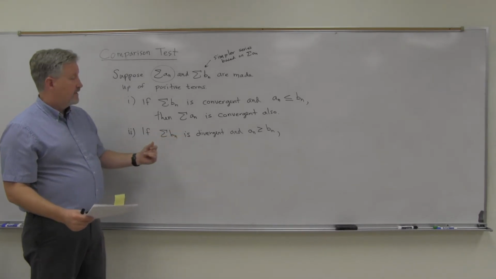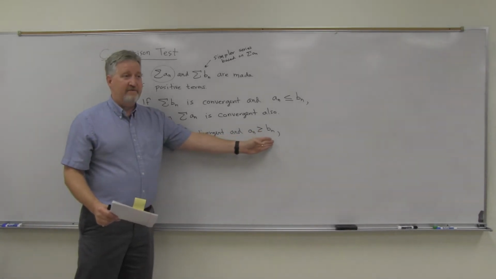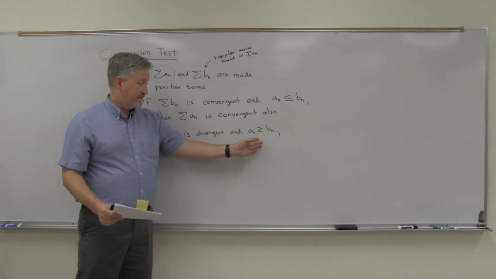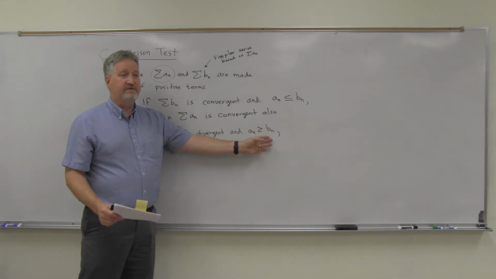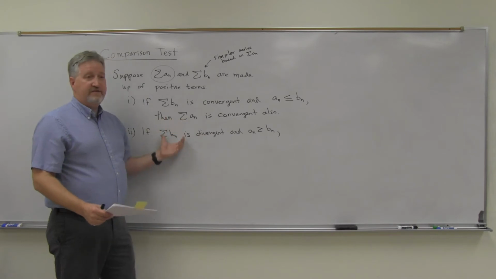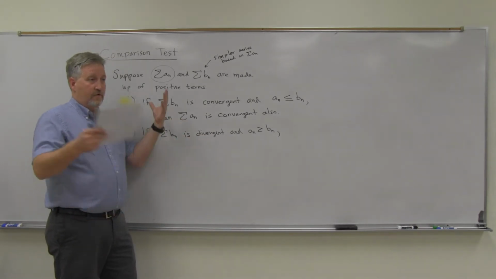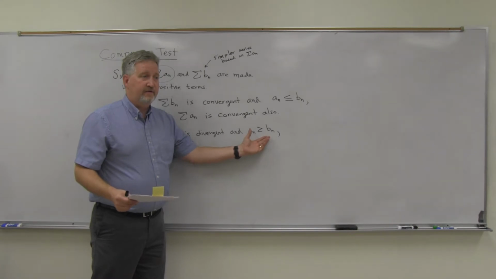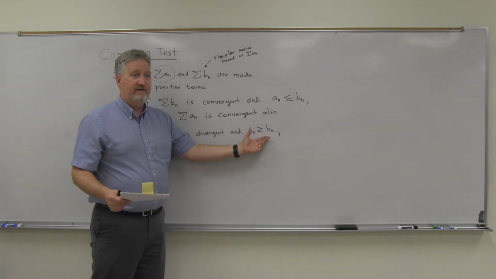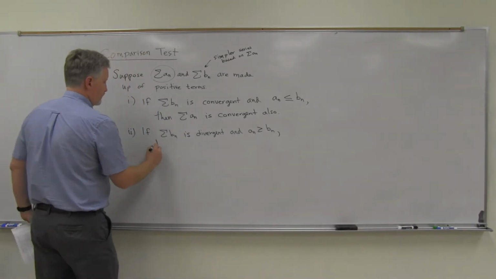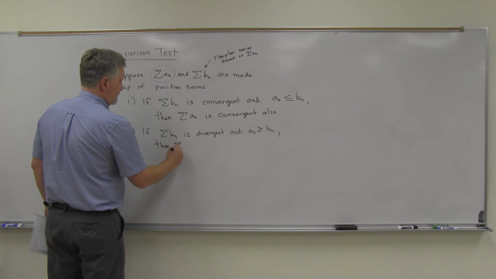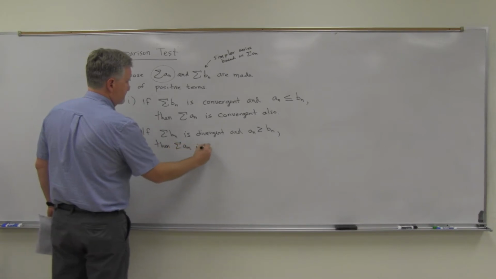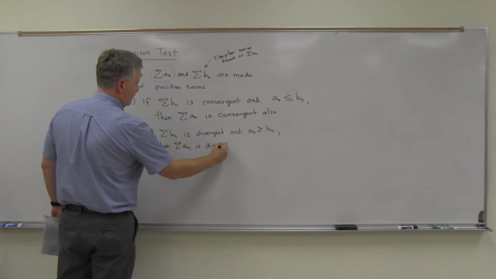The a sub n's are bigger than or equal to the b sub n's. So I've got this series that is divergent, growing infinitely large. Then the a sub n's are bigger than the b sub n's, right? a sub n's got to be divergent too, doesn't it? Because it's bigger. Then the series of the a sub n's is divergent also.